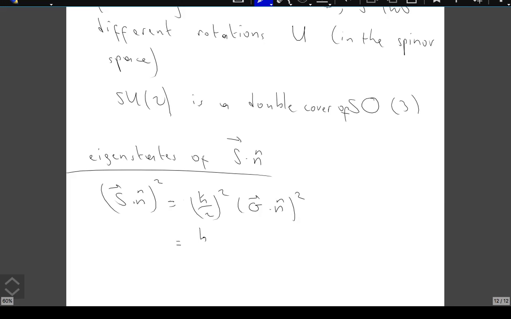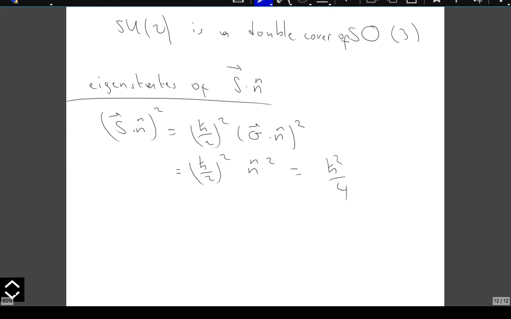But (sigma dot n hat) squared is nothing but n hat squared, which is 1. So S dot n is equal to h bar over 2 sigma dot n, and the eigenstates of S dot n are the eigenstates of sigma dot n, and vice versa.